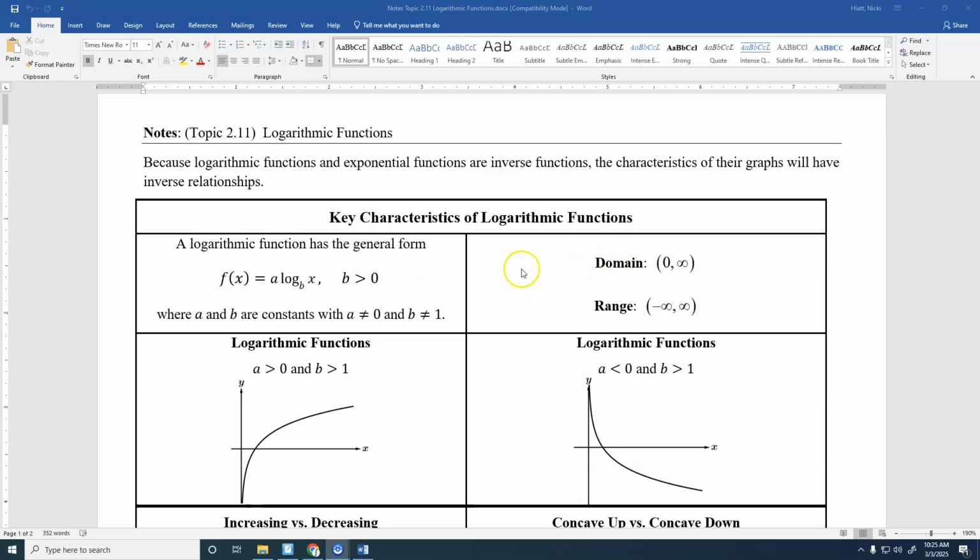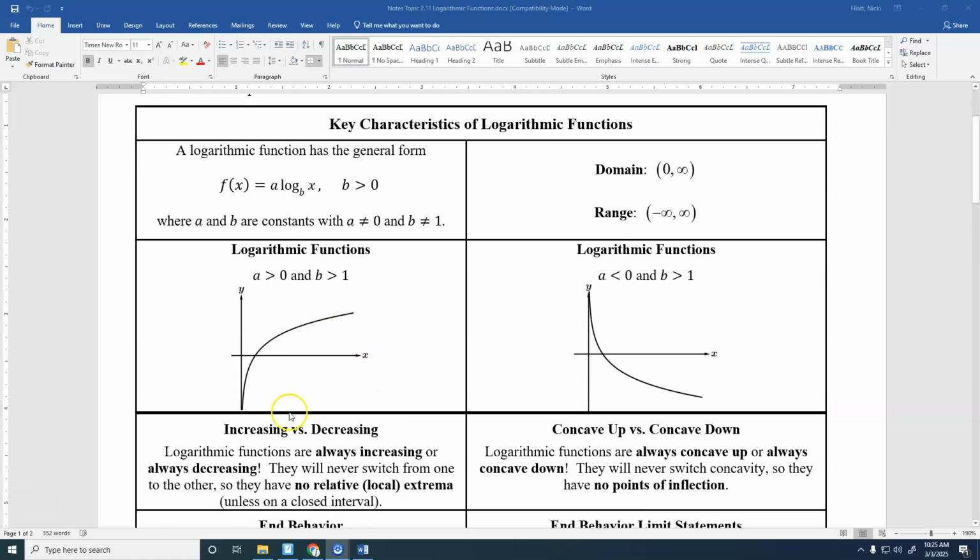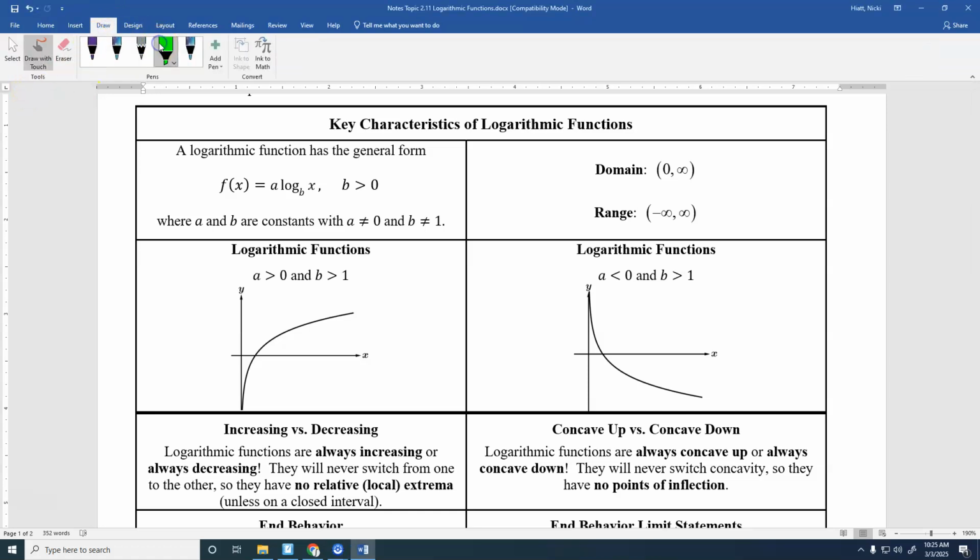So for this function, if a is greater than 0, then this is what the graph is going to look like. This is the big one that you have to have memorized. And for this, let's highlight it.